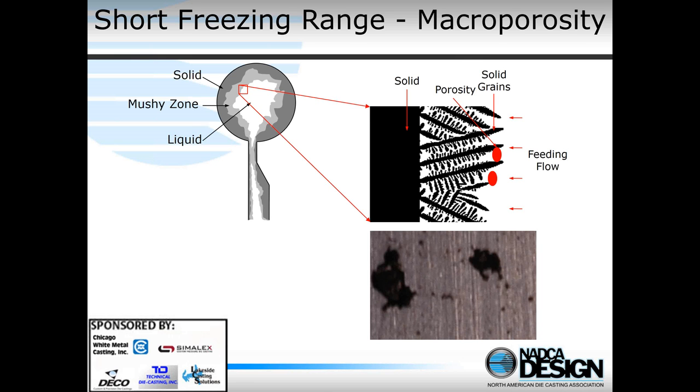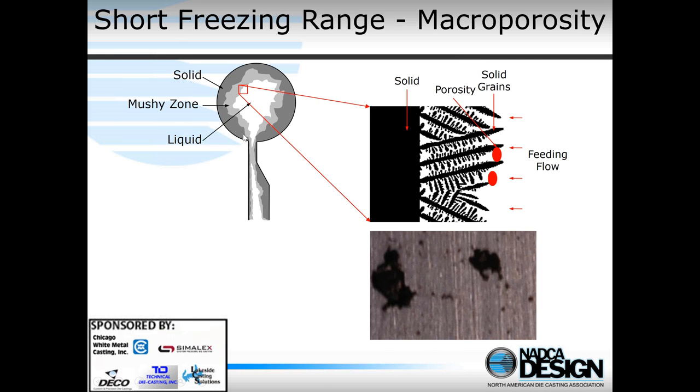So for aluminum 12% silicon, all the metal solidifies at roughly the same temperature. And when this happens, that gives us a very narrow mushy zone. That's what the figure on the top left here is demonstrating. If we look at the diagram, we've got a partially solidified casting that we're gating from the bottom up.